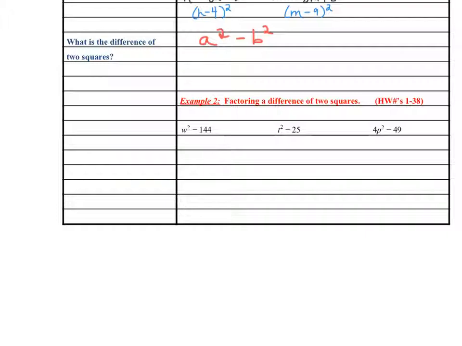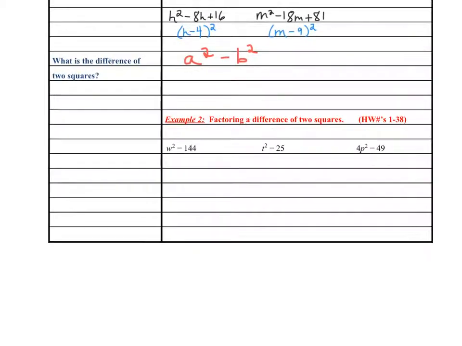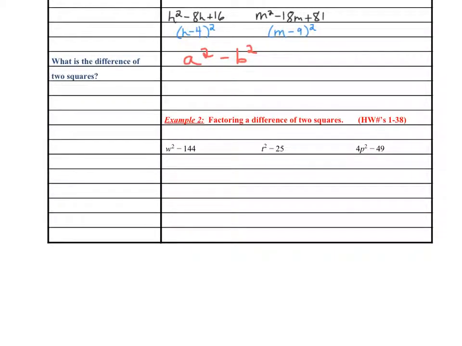And when we factor that, it factors into a plus b and a minus b. We've actually done some like this already. So the b term is 0, but you have two perfect squares.